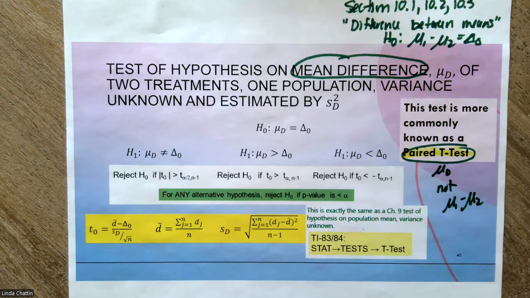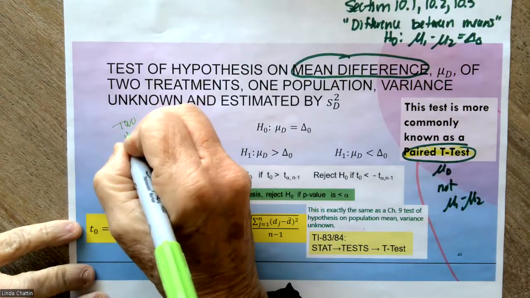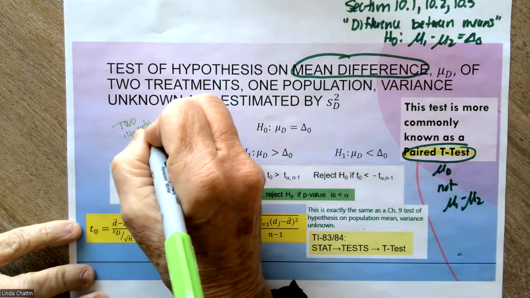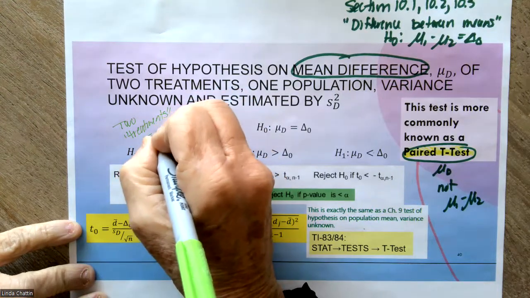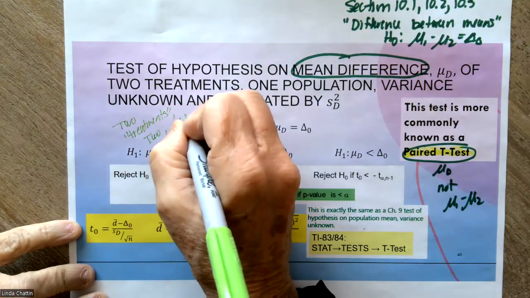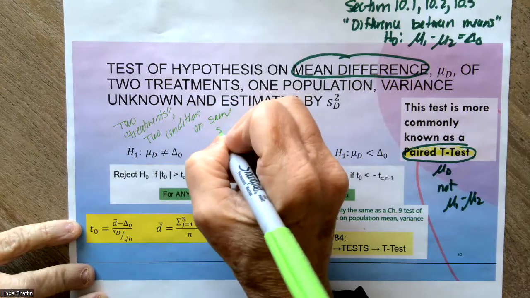Okay, so what are we trying to do with a test of the mean difference? We're going to have what I'm going to call two "treatments," or you could think of that as two conditions on the same sample.